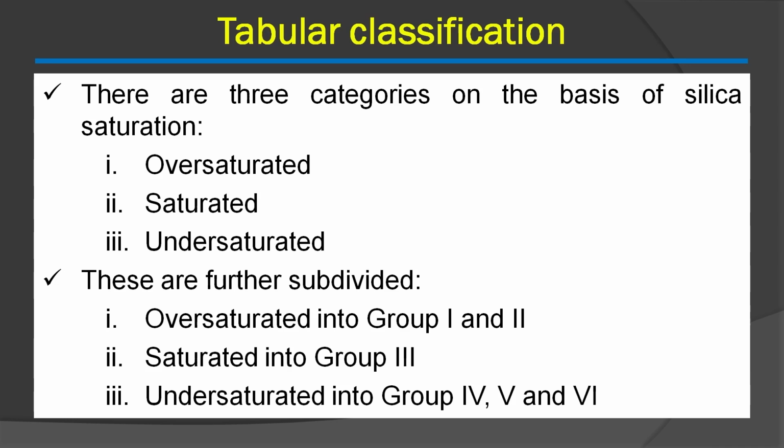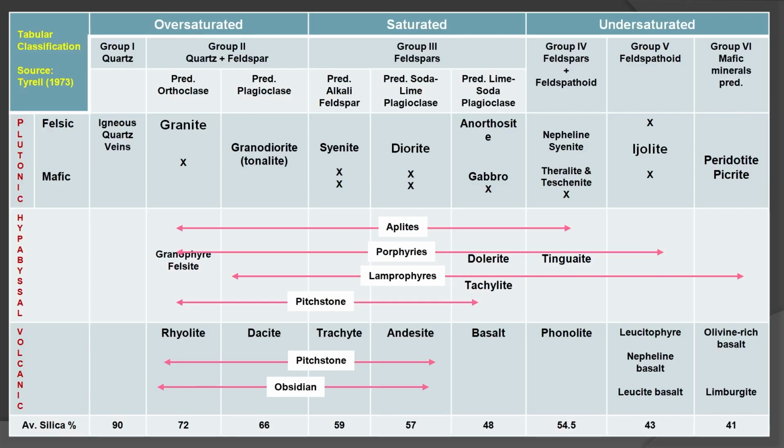Based on this, the rocks are classified into three categories: oversaturated, saturated, and undersaturated rocks. These are further subdivided into oversaturated, group 1 and 2, saturated into group 3, and undersaturated into group 4, 5, and 6, as we will be seeing in the next slide, which is showing you the tabular classification.